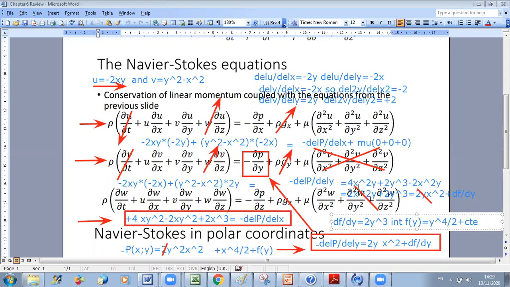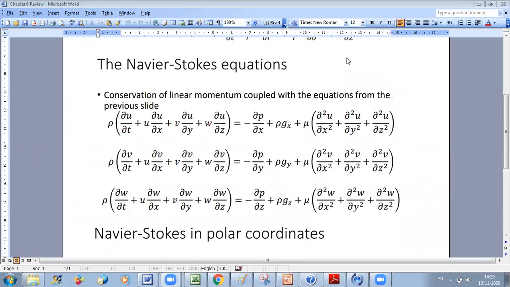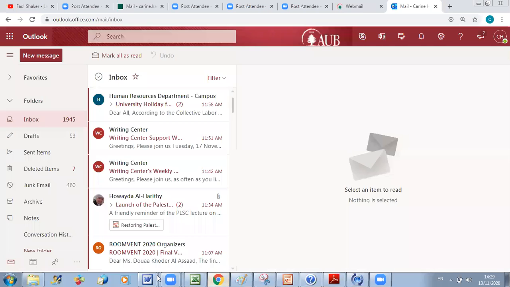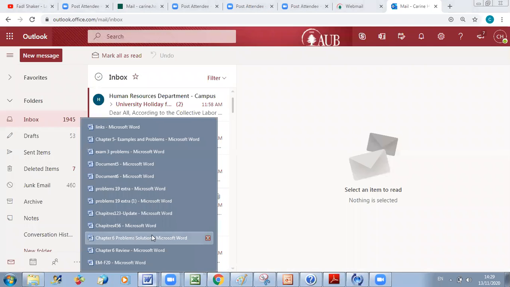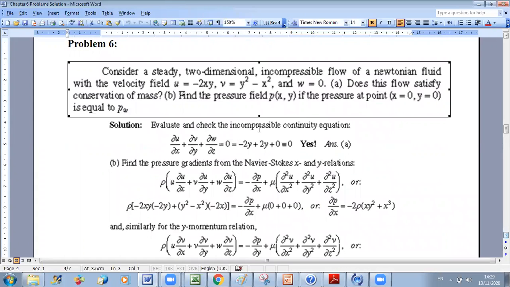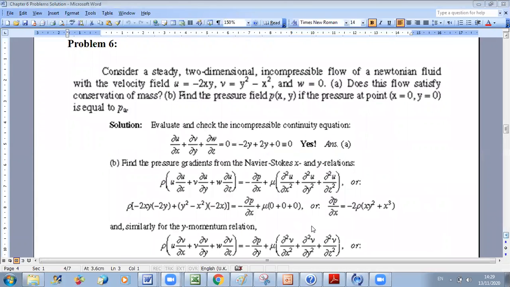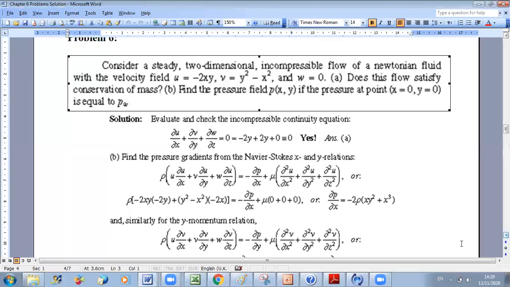So let us go back to our problem. They gave me a boundary condition. They did the same strategy we did. They started with Navier-Stokes along x, then Navier-Stokes along y.